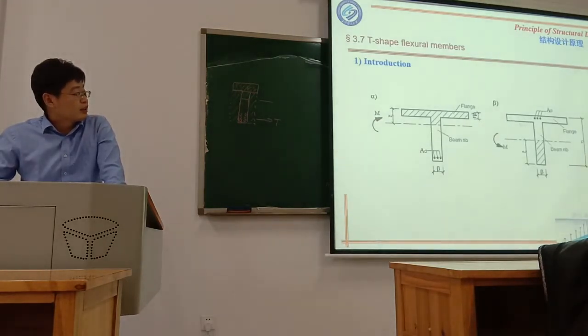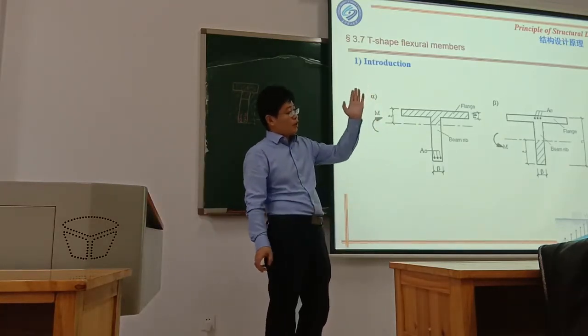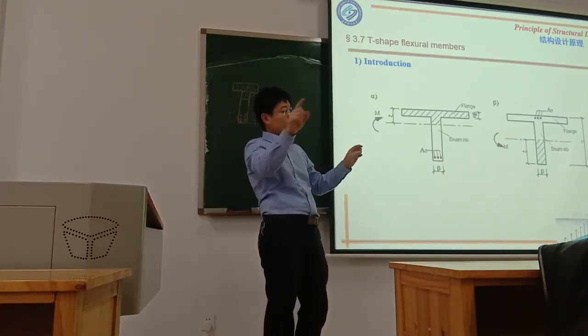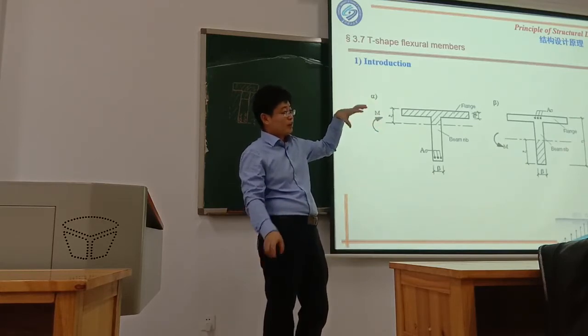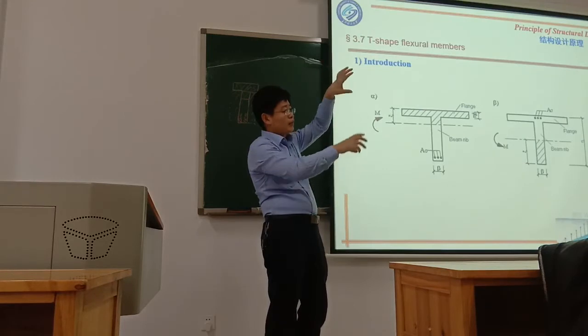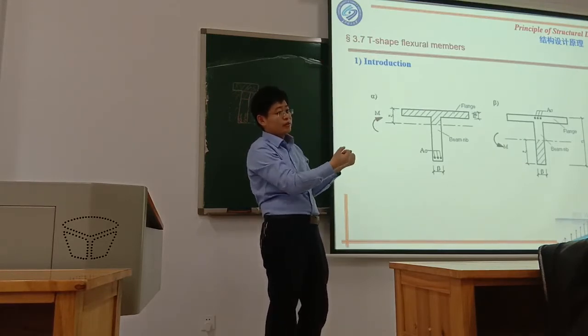No matter if the shape looks like T, suppose at the middle point of the continuous beam, the beam is bearing negative moment. The upper part is in tension, the lower part is in compression.